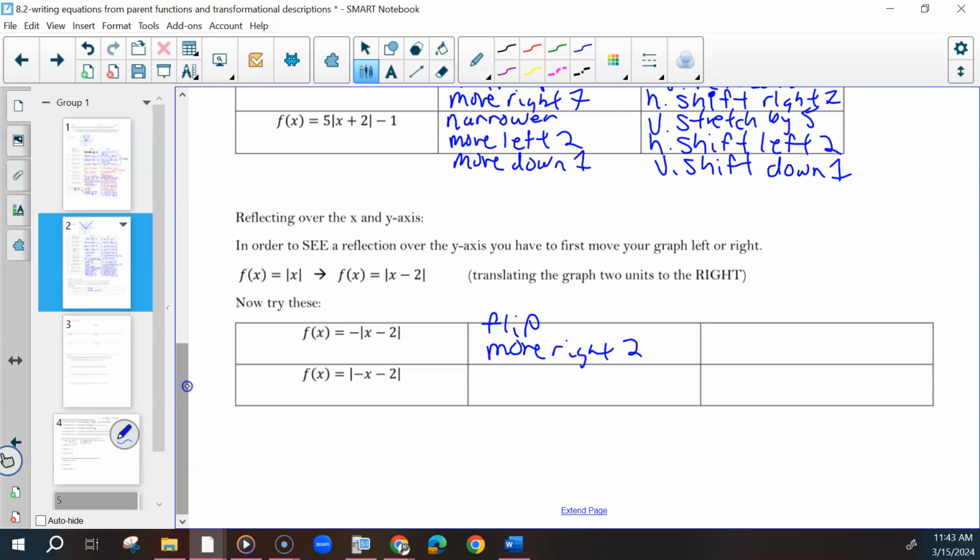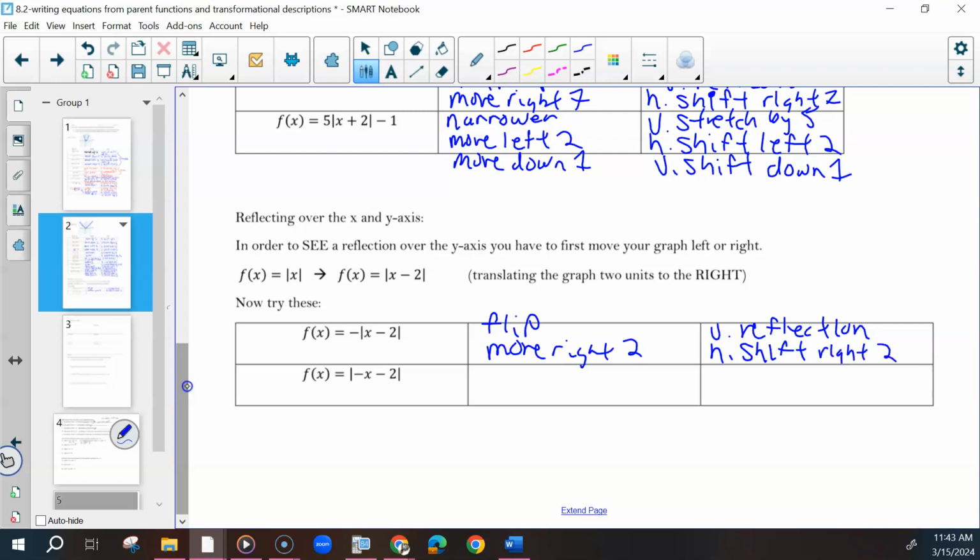And those two rules would be vertical reflection and horizontal shift right 2. Make sure we're specifying all of those things.